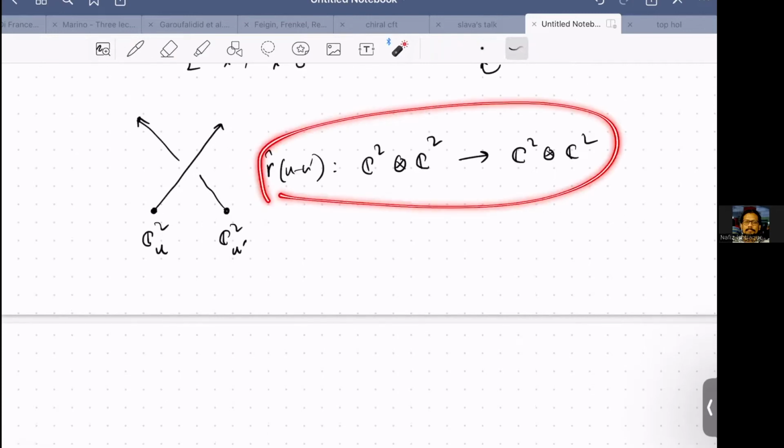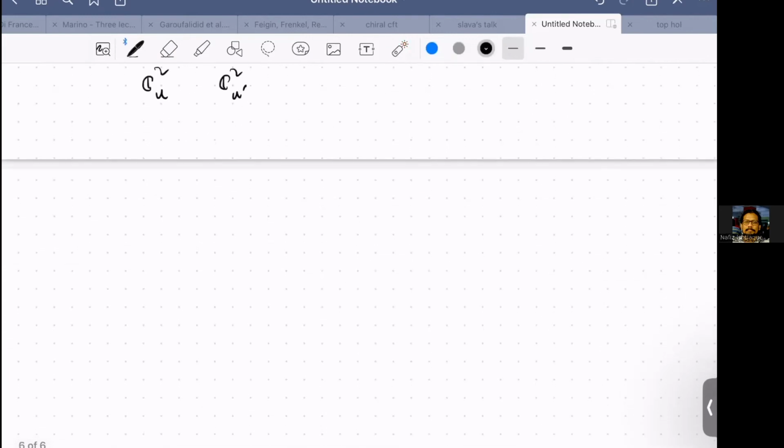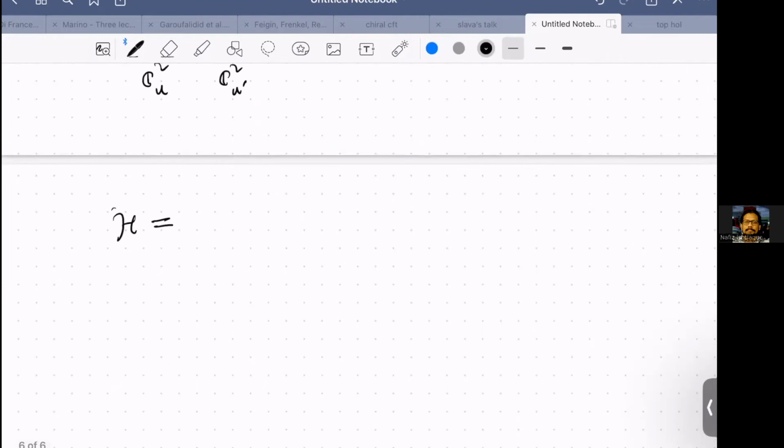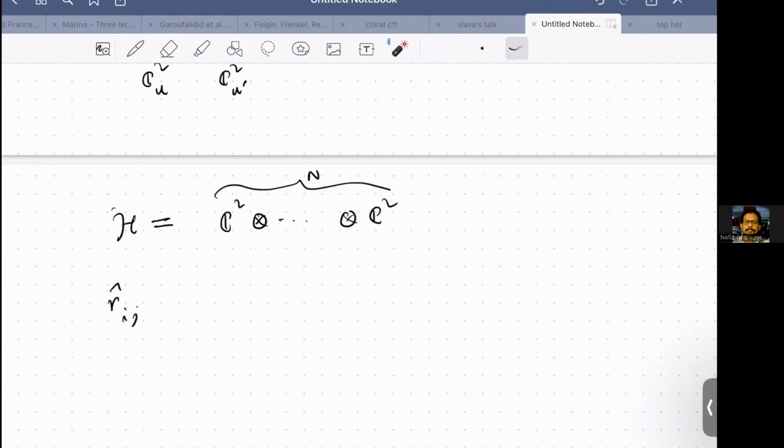So what I mean by this is that we have a Hilbert space associated to our spin chain. The Hilbert space is simply a product of n copies of C2. Here you have n of these things. And R_ij is some matrix that acts on the ith C2 and the jth C2. Okay, and so this is a map from the Hilbert space to the Hilbert space, but it only acts non-trivially on the ith and jth vector.